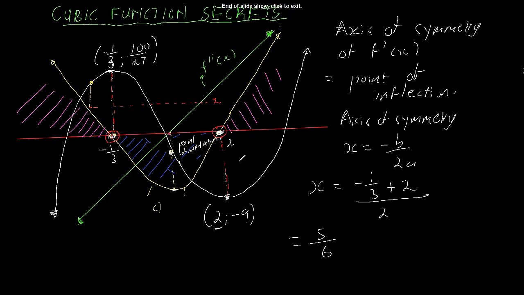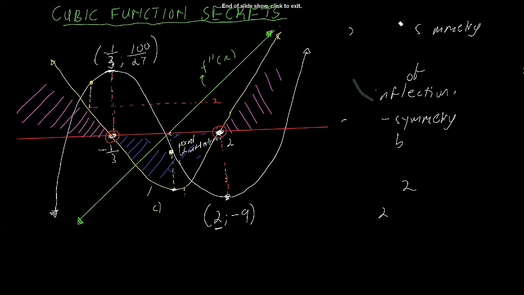But if we want to know about the concavity, this is something else now. If we want to know about the concavity, this is where we consult our straight line. What we do with the straight line is that we're going to draw it to be in line with the x-coordinate of the point of inflection.